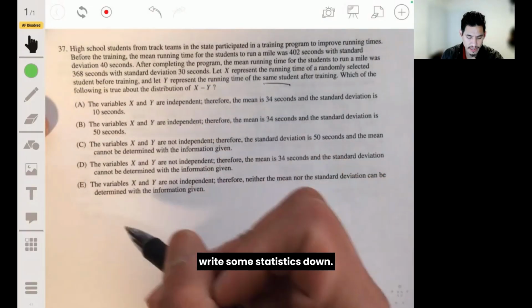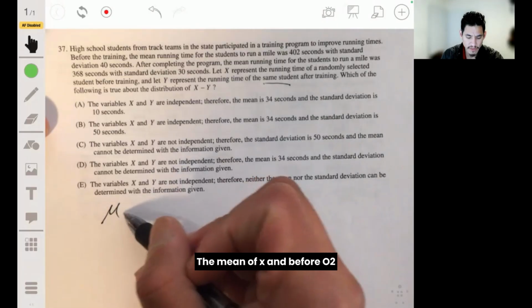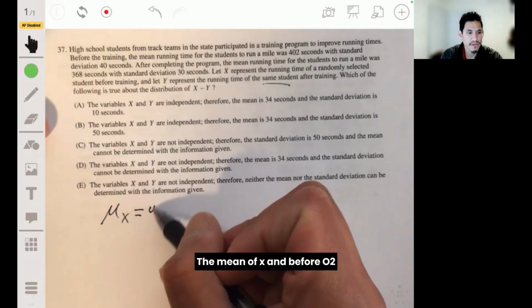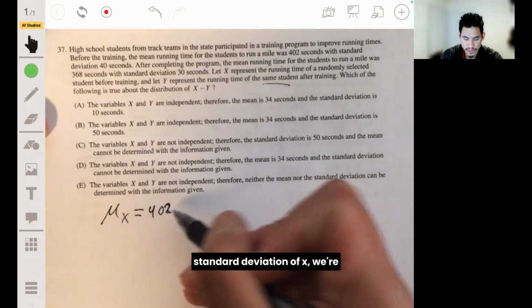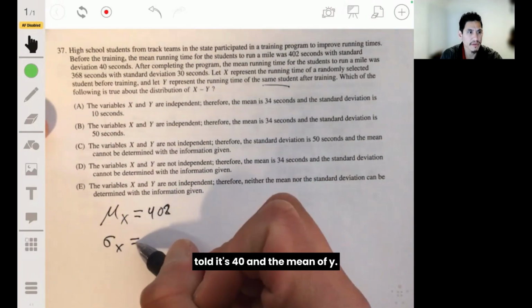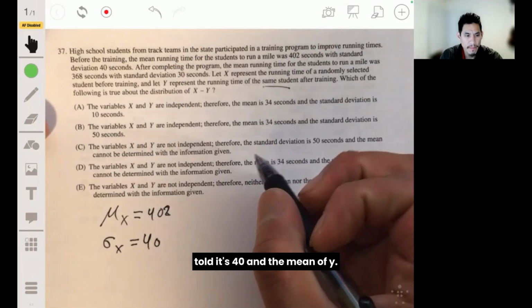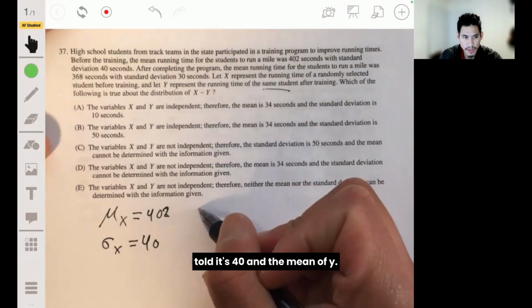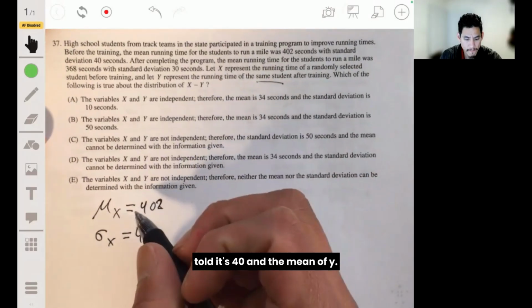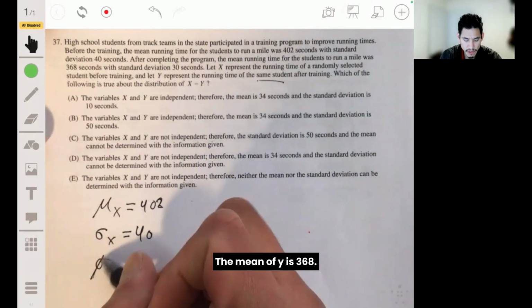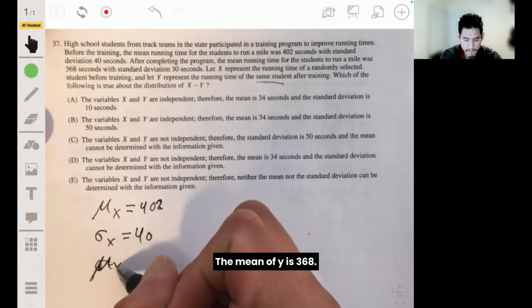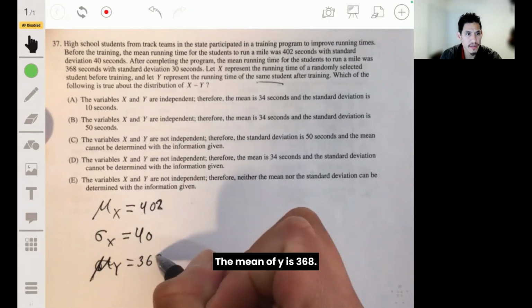Okay, so let's write some statistics down. The mean of X is 402. Standard deviation of X, we're told, is 40. The mean of Y is 368.